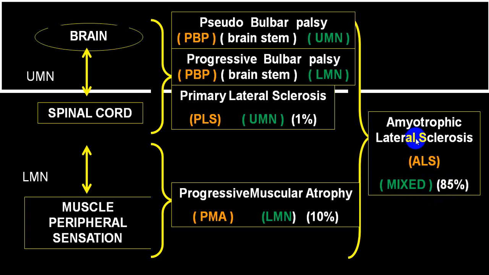So it is the most common group in motor neuron disease. If you come across upper motor neuron together with lower motor neuron findings in the same person, in upper limb and lower limb, involving spinal cord and brainstem, always suspect motor neuron disease.